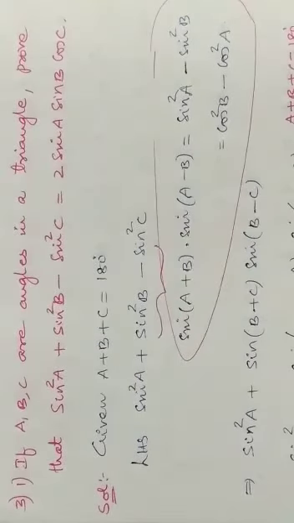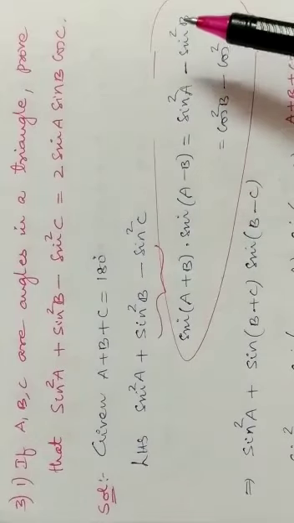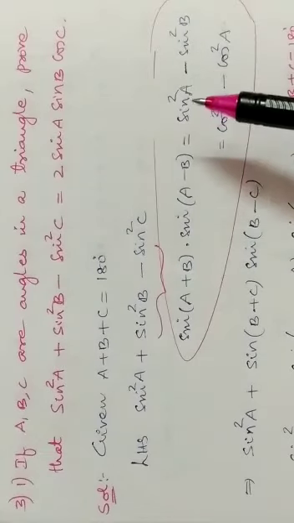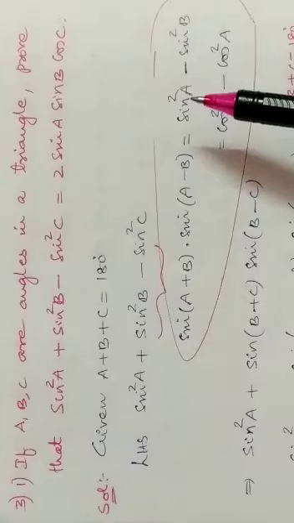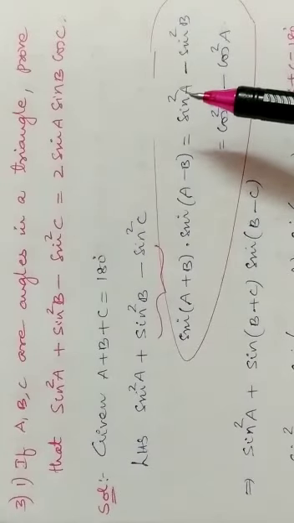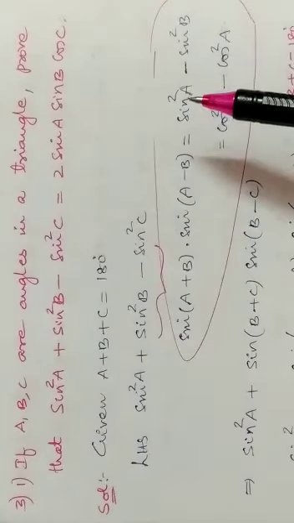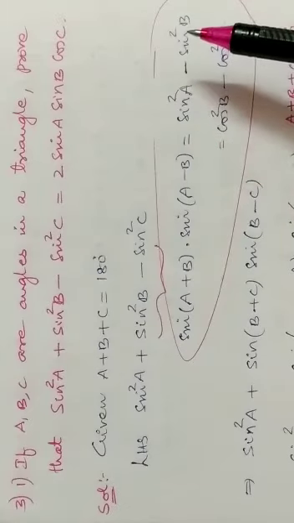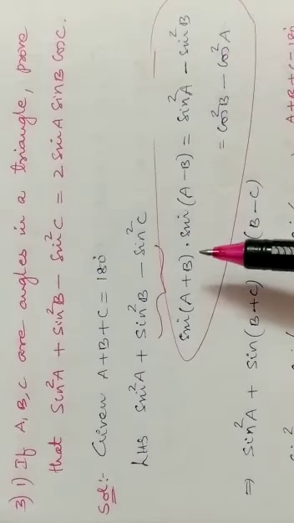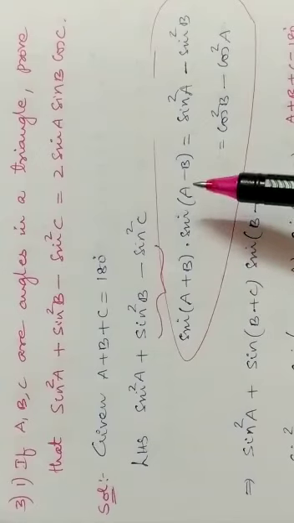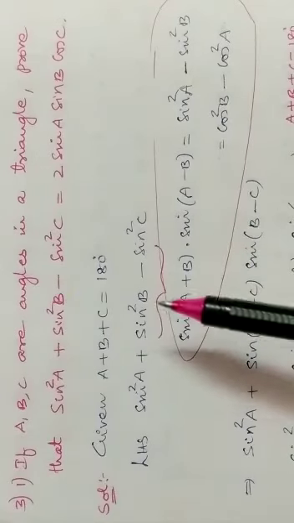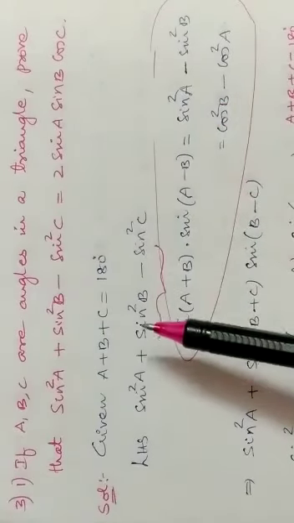Now observe both the sin² terms. So I have to use this formula. In the problem we are given this, so you can write sin A plus B into sin A minus B. Now compare sin².